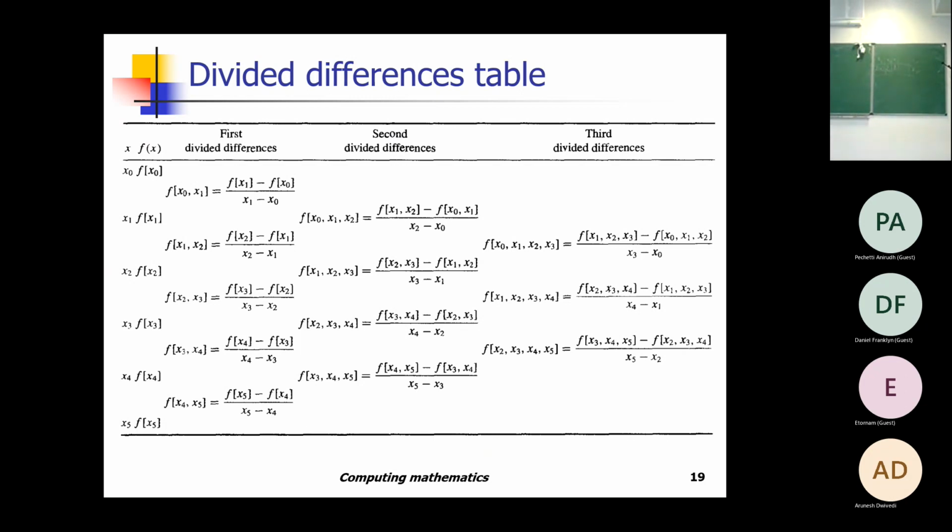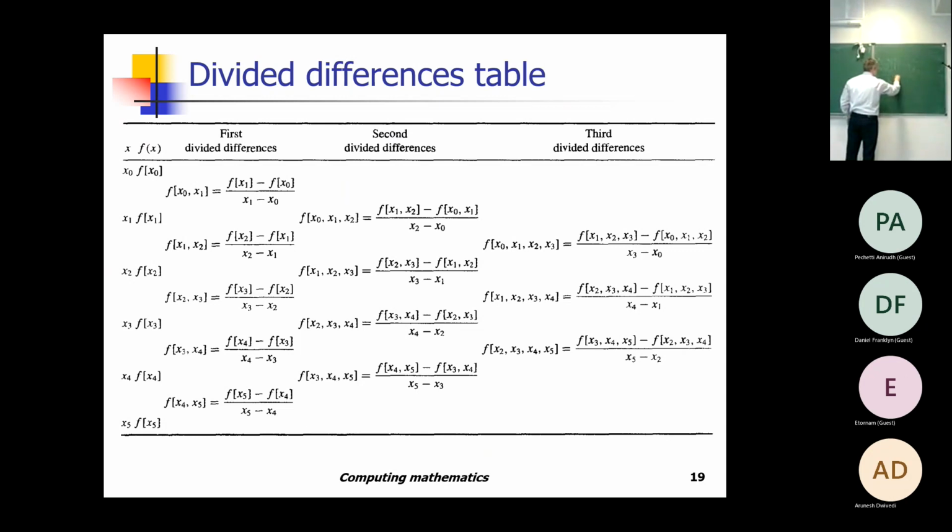The next column is the first divided difference. I should take 2 values of the function over 2 x's: (f1 minus f0) over (x1 minus x0).